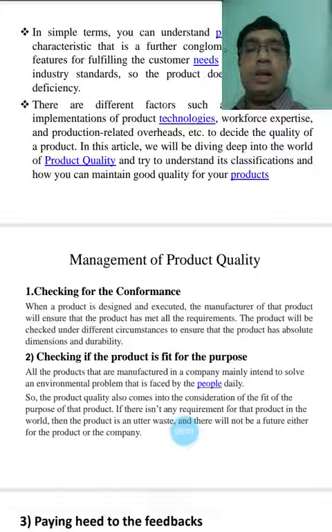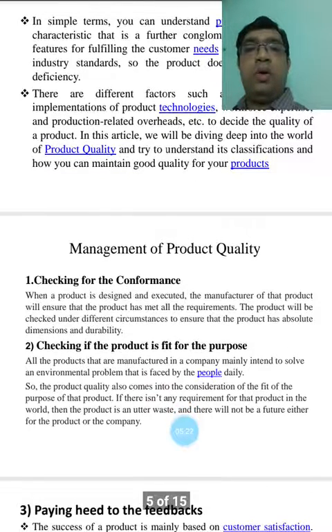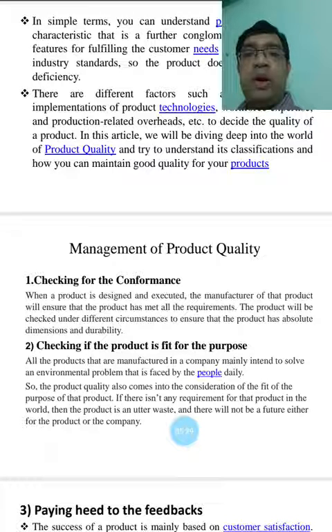If the raw materials are at a far distance from the product unit, then the product cost will be high. Also, sometimes according to your market requirements, you must consider that there should be no compromise in product quality. So you need to consider overhead etc. to decide the quality of a product.